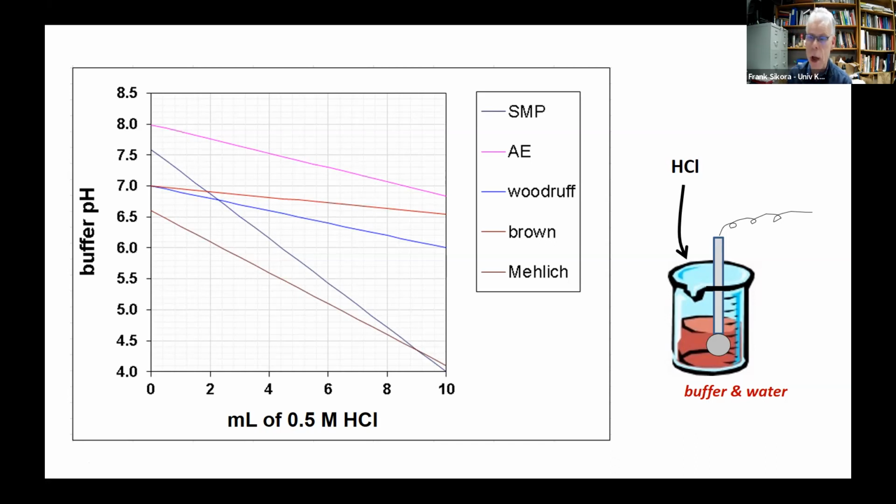So you have that certain combination of buffer and water, you add acid, and you're going to get a decrease in pH. So you see all these buffers we have out there, they have all different buffering capacities with respect to the pH with addition of acid.